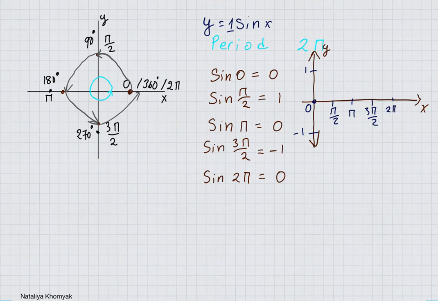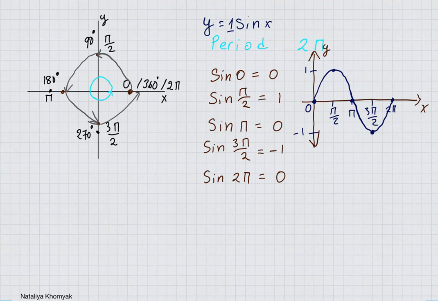Sine of 0 is 0. Sine of pi over 2 is equal to 1. Then sine of pi is equal to 0. Sine of 3 pi over 2 is negative 1. And sine of 2 pi is 0 again. So this is our basic sketch of a sine curve.